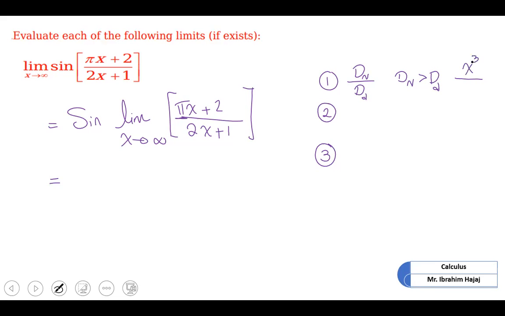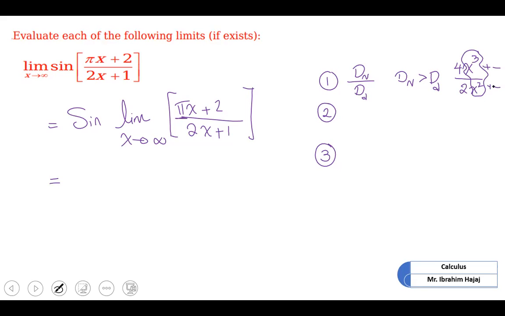For example, if it's 4x to the power of 3 over 2x squared, we take only these 2 terms, ignoring the plus or minus something else. We take only the leading coefficient terms, and then we substitute the positive or negative infinity according to the question.